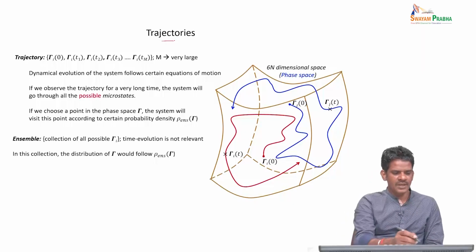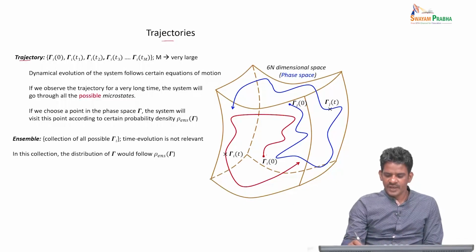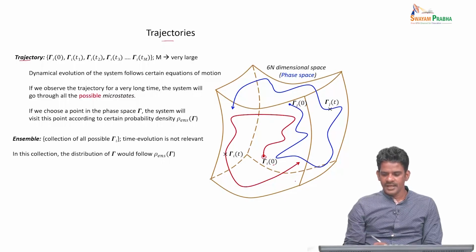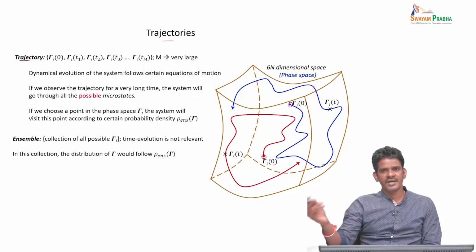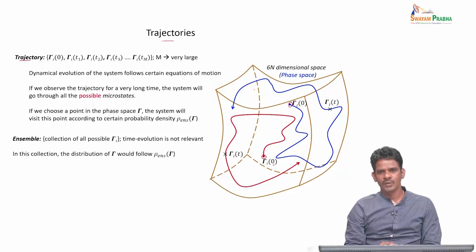The manner in which the system travels through the phase space is called a trajectory. A trajectory is shown graphically here. Let's say you start at a particular point at time t equals 0, and the system evolves through this red line. You could start the same system in another location independently, and the system will evolve through the phase space in a different way.